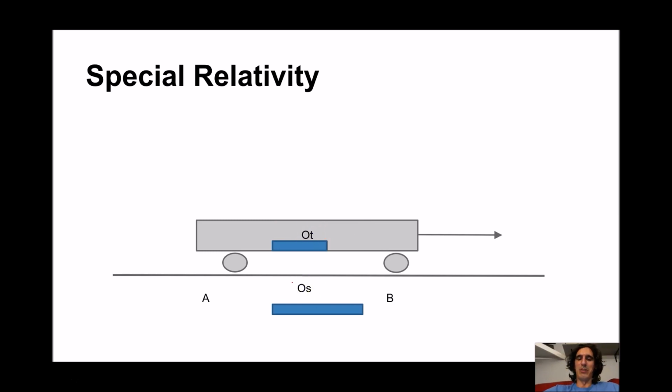So time slows down. If we look at the length of an object, we see that the length is going to contract or get smaller for an object that is moving away from a stationary source or observer. So that's the first part of Einstein's special relativity, is for objects moving at a constant velocity.